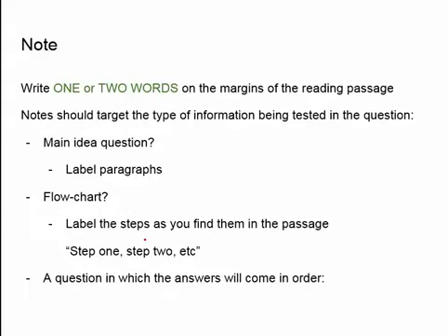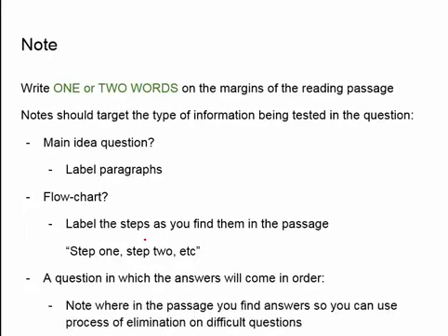There are some question types where the answers come in order. So you find the answer to number 1 before you find the answer to number 2 in the passage. On these kinds of questions, write a note. If you find an answer that you are very confident is correct, then that spot in the reading passage where you found that answer is a good place to label and identify.